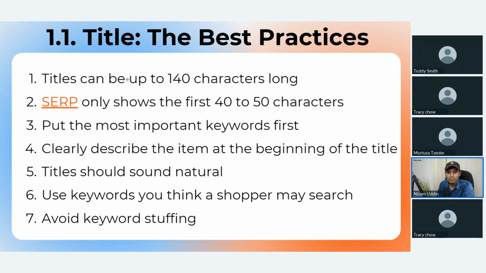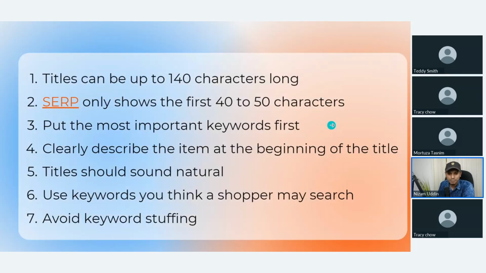And now there is a very interesting part. In the SERP, or search engine result page, for example, when you search something on Etsy, it shows only the 40 to 50 characters of your title. Therefore, using the main important keyword and important information about your product within the first 40 to 50 characters is very important. For example, let me show you.